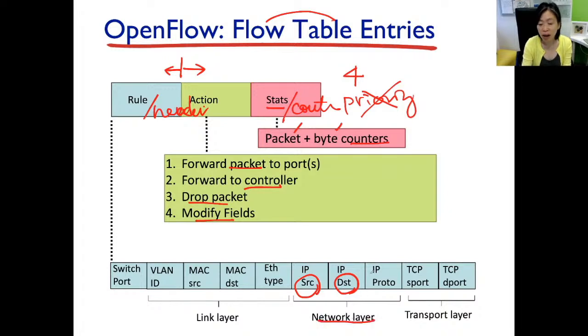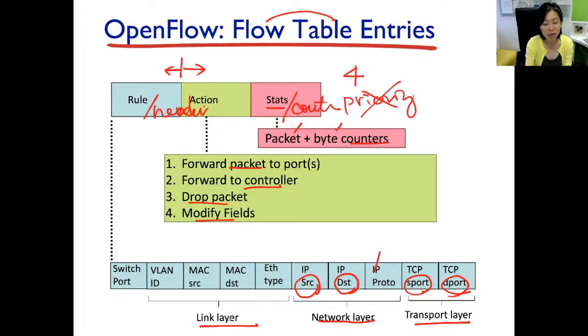One can use other fields in the network layer header for the rule. One can also use fields in the transport layer header, such as the source port number, destination port number, to compose the rule. One can also use the link layer header fields to compose the rule.